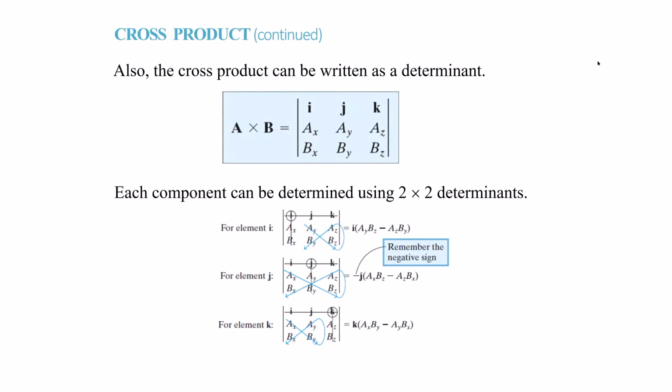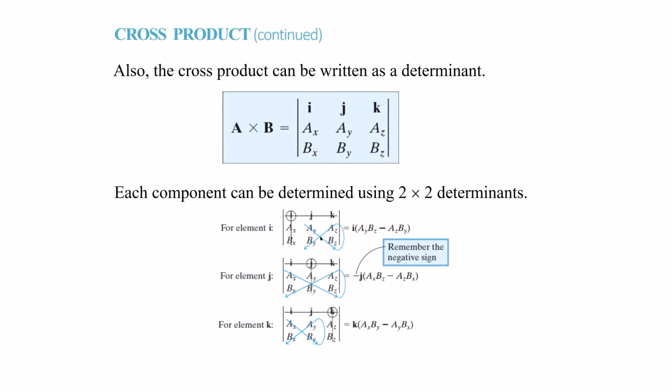Now, you can do this with two-dimensional determinants. There are other ways, like column extension, which I like to do sometimes, to solve these. But the basic idea is this. Let's say I'm trying to calculate the I component of the cross product, because this is going to give me a vector.